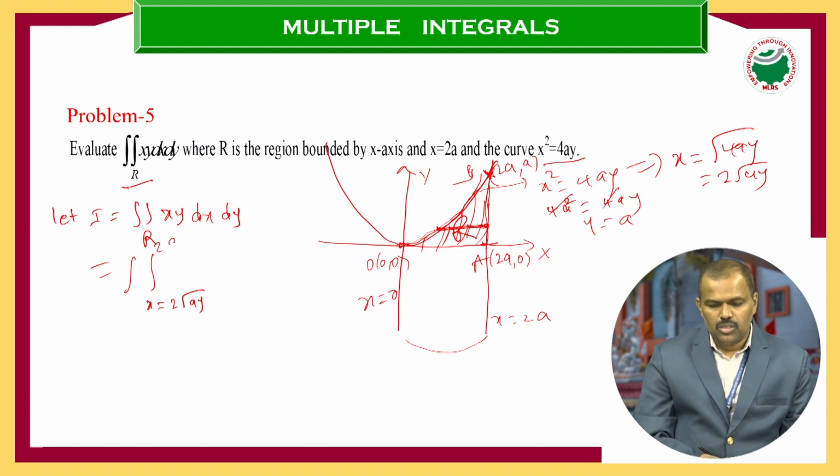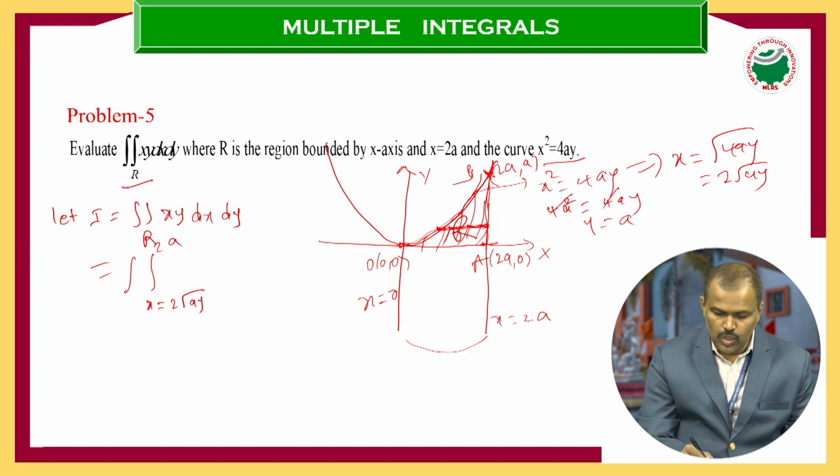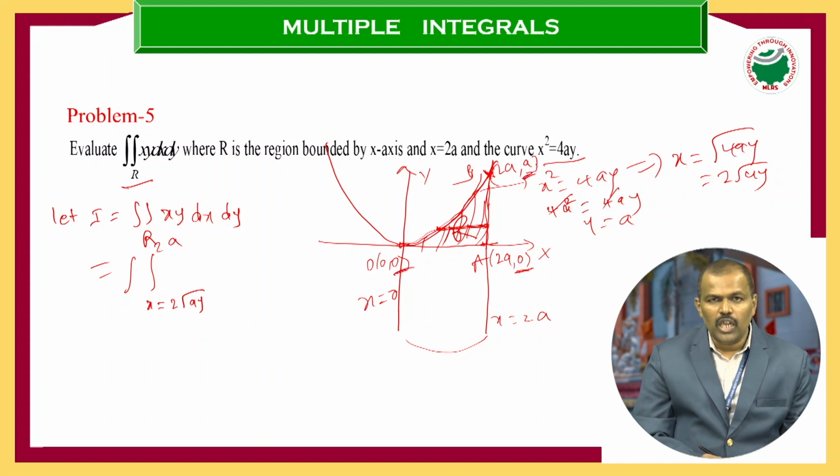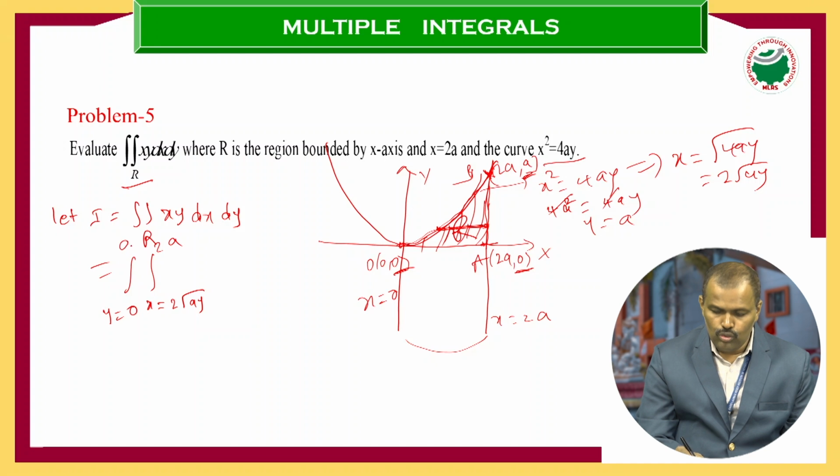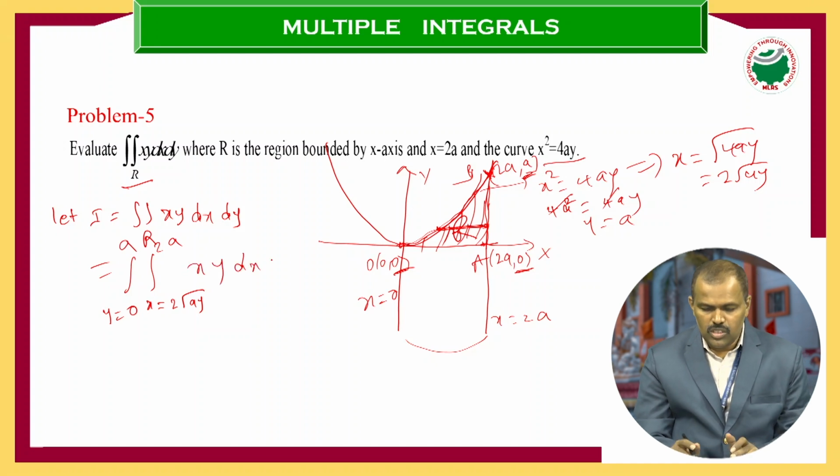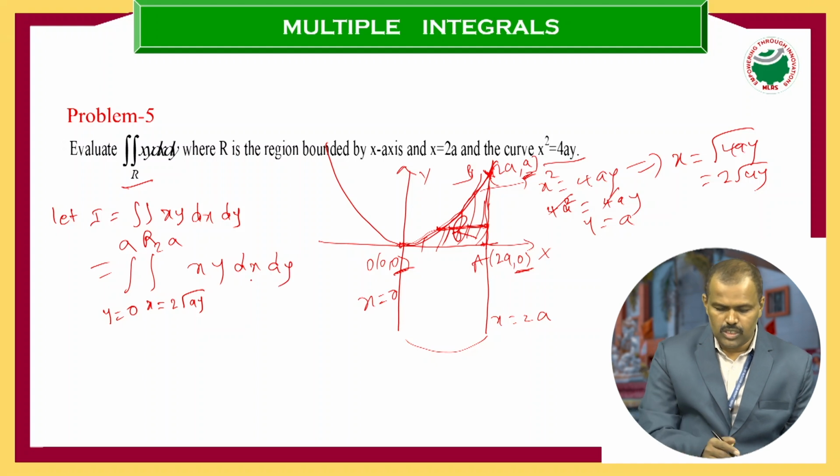First the upper limit: 2a whole square, that is 4a square, minus 2 root ay whole square, that is 4ay, into dy.